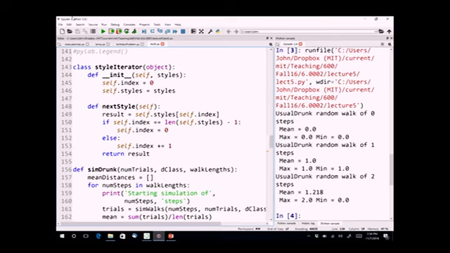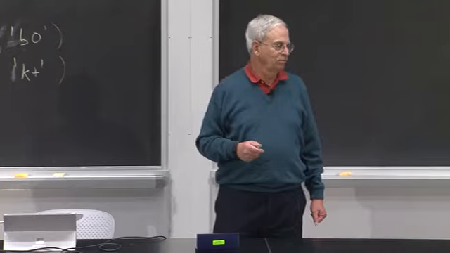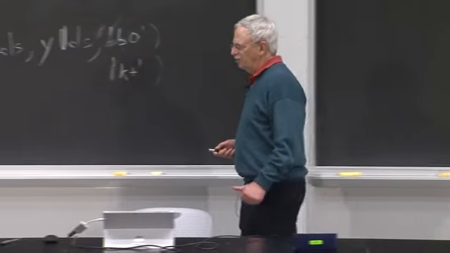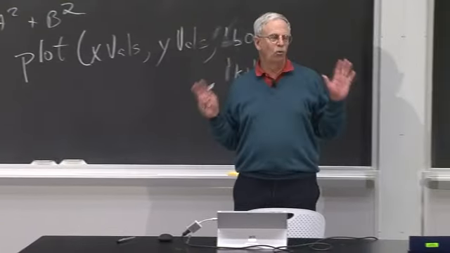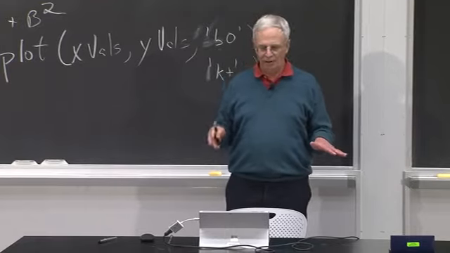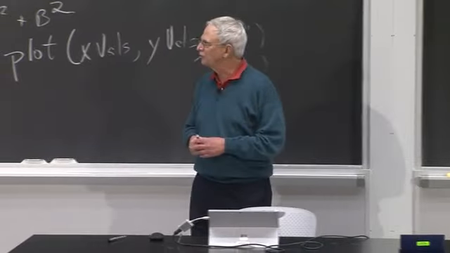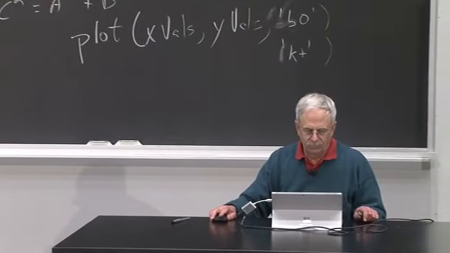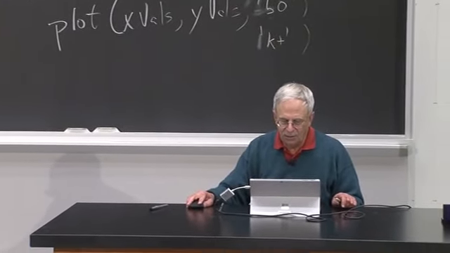So once and for all, I could define n styles. And then when I want to plot a new kind of drunk, I would just call the style iterator to get the next style. This is a fairly common kind of paradigm: I just want to do this once and for all. I don't want to have to go through each time I do this. So what do the styles look like?